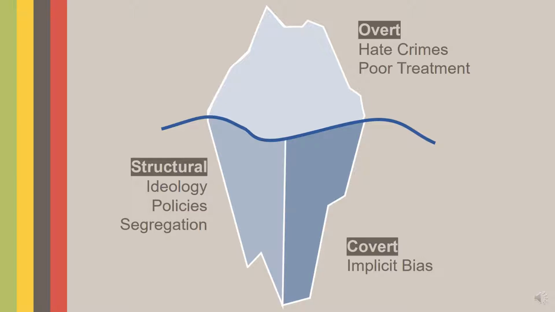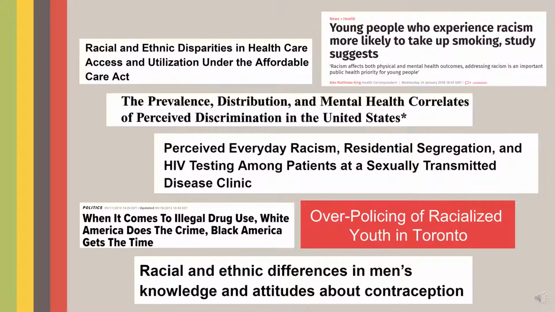Things like implicit bias in the way we design policies and how we relate to one another based on race can have implicit and unseen effects. So we have seen again and again that racism is linked with poor health outcomes, particularly among youth.